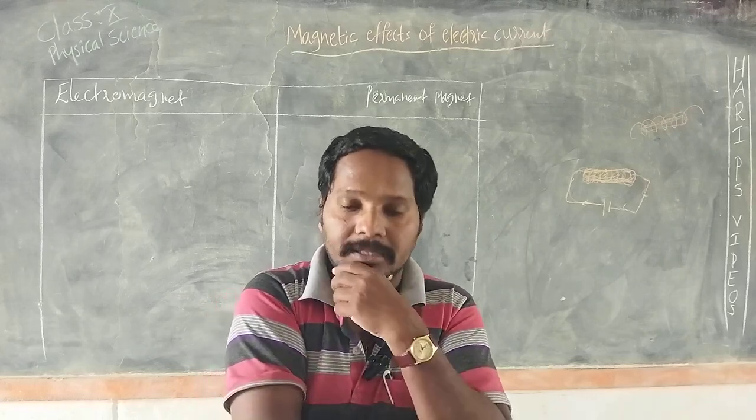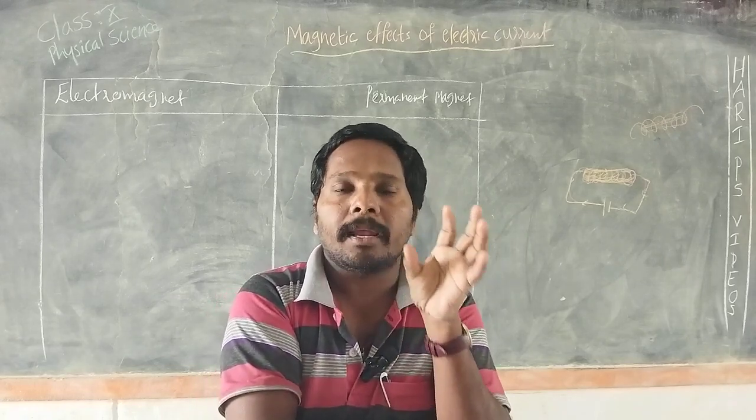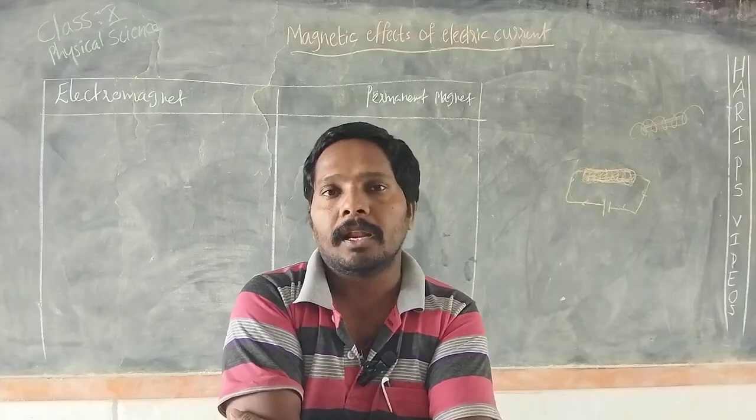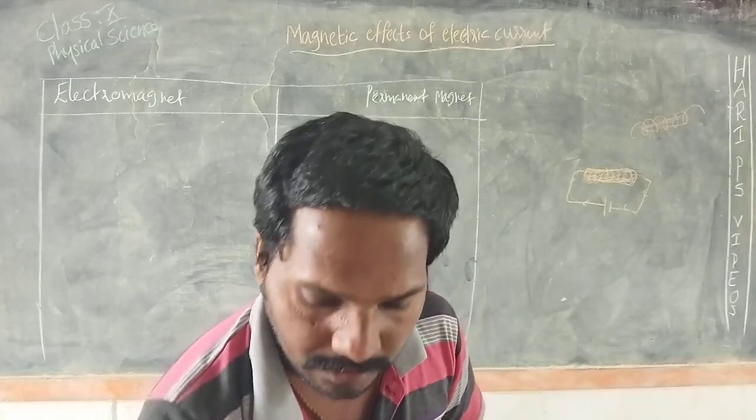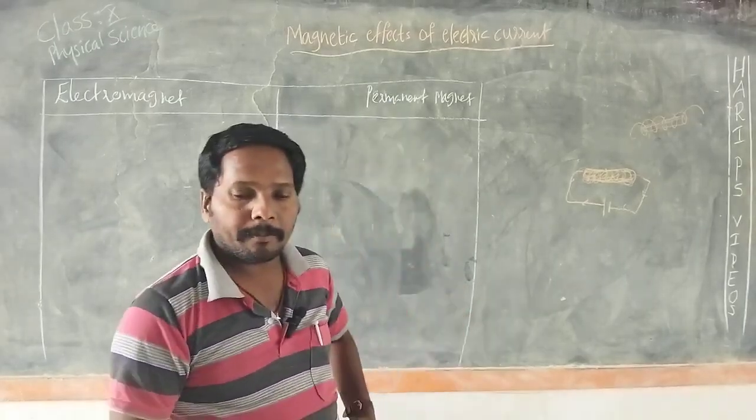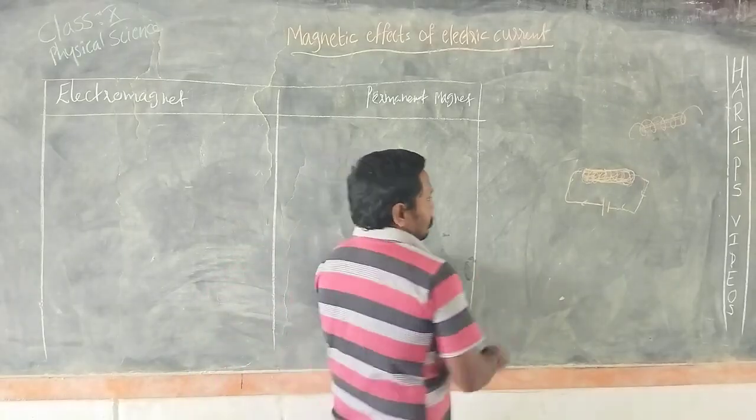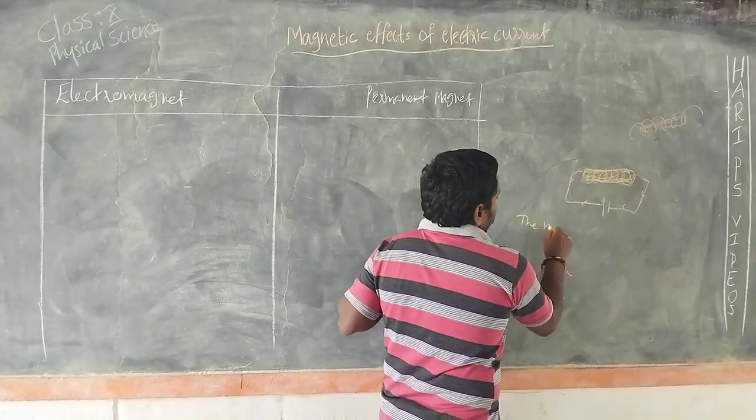Next, the strength of the electromagnet. The strength of the electromagnet depends on two factors.